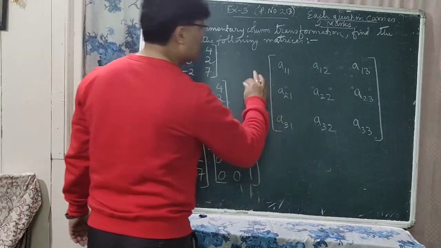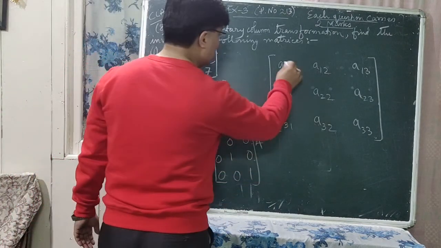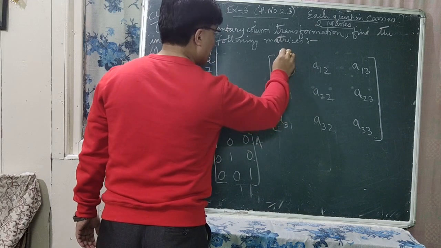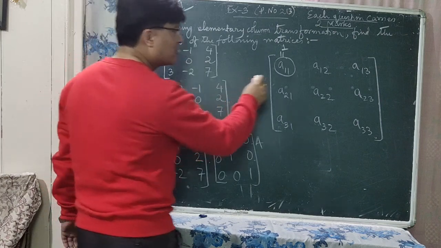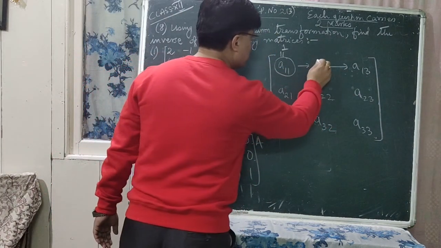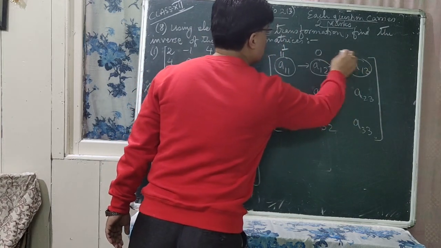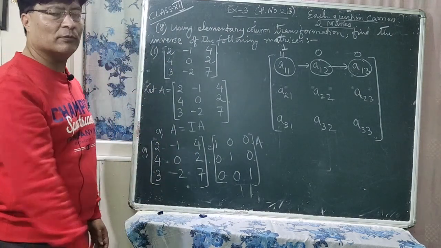So now in this case you have to use elementary column transformation. First of all you have to make A11 1. After making it 1, the other two elements, A12 and A13, must be 0, by using properties in terms of column.